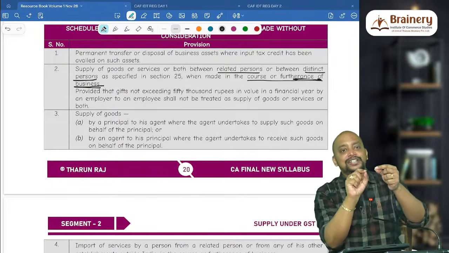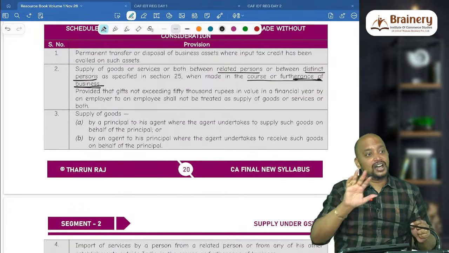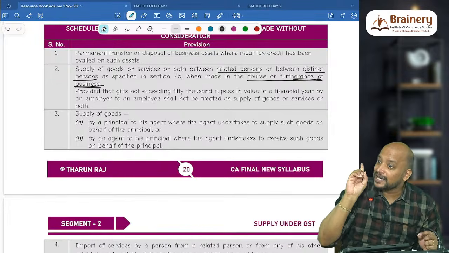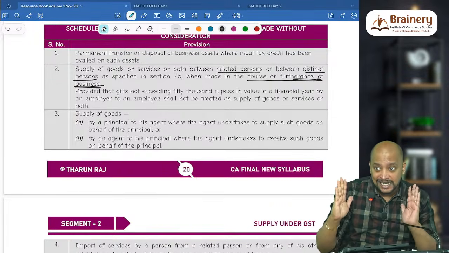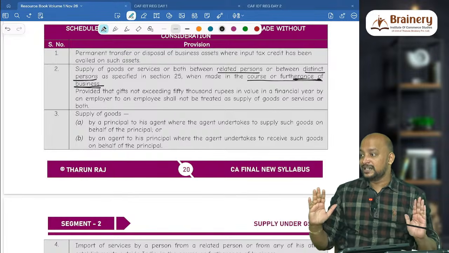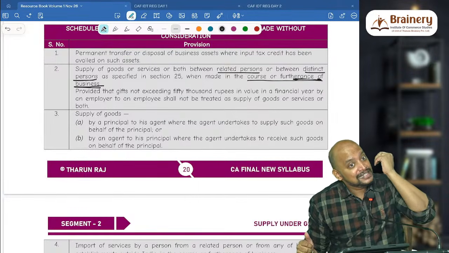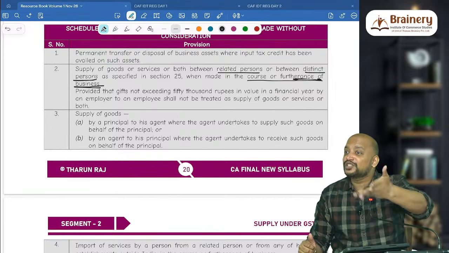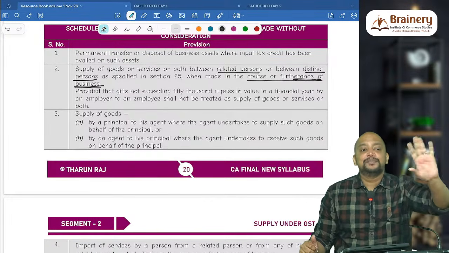So a proviso is created. What is that? Up to 50,000. All employees together? No. Per employee. Is it for 1 year? Yes, 1 financial year. If it does not exceed 50,000, it is not a supply. Even though it is without consideration, even though it is between related parties, it is not a supply.